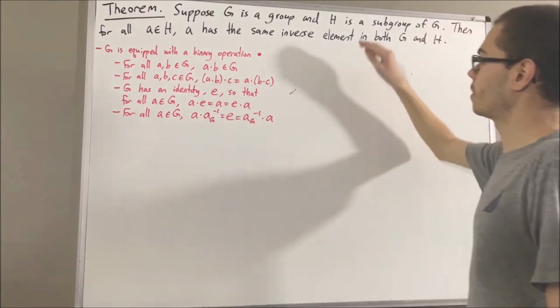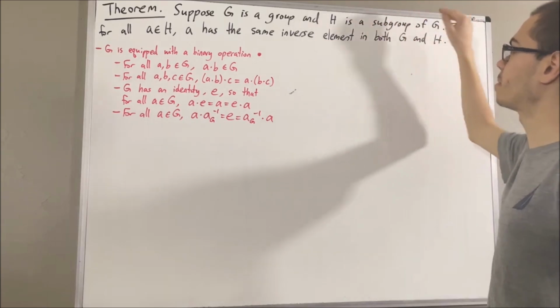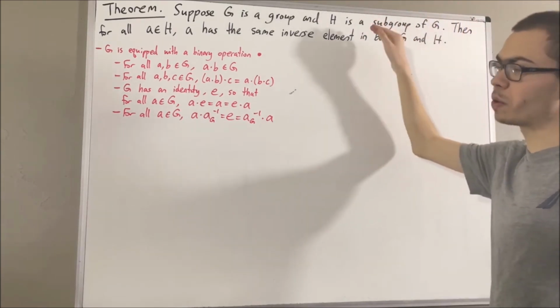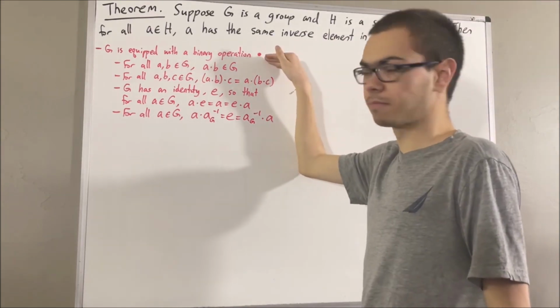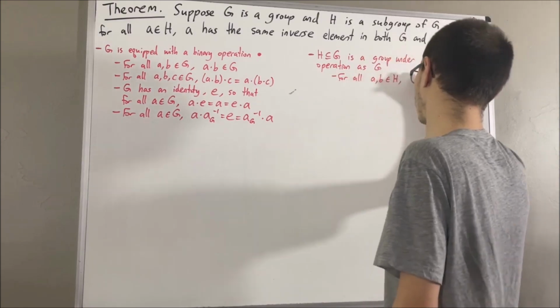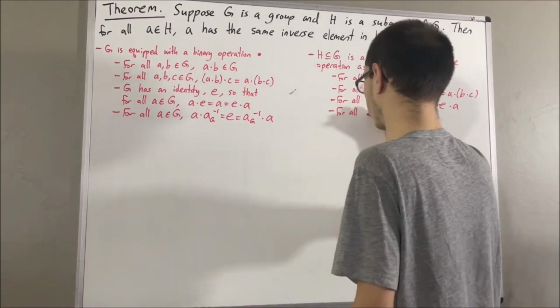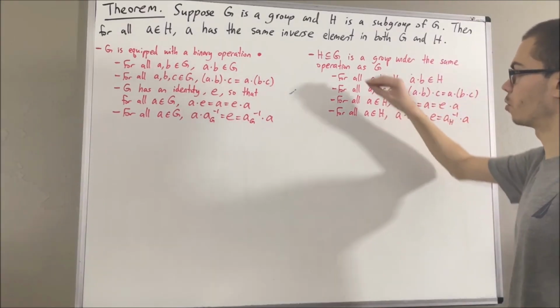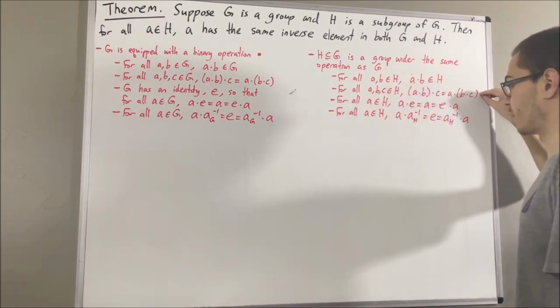So then, what does it mean for H to be a subgroup of G? It means that H is a subset of G, and H is a group under the same binary operation as G. So H is closed under the binary operation. The associative law holds.